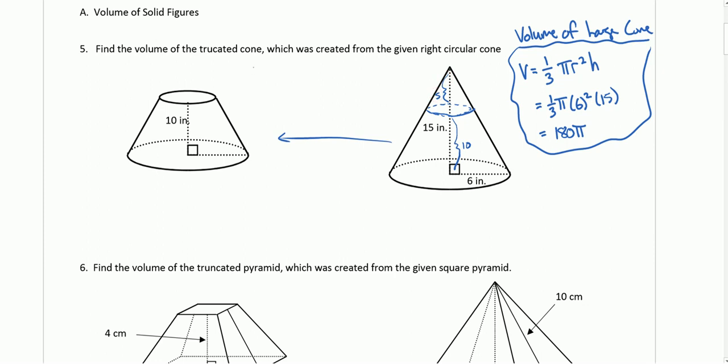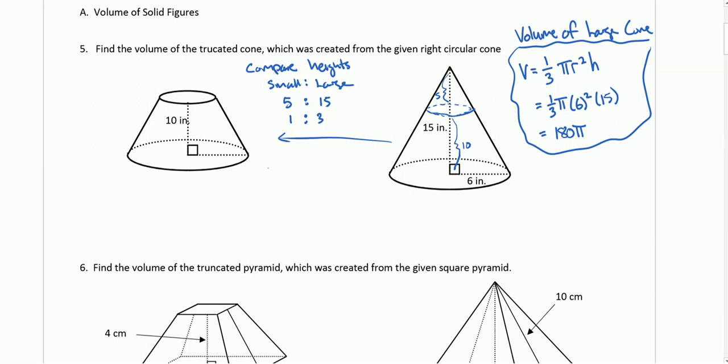And so if we compare heights, we'll go small to large. We have a 5 to 15 ratio, or we can reduce that to a 1 to 3 ratio.